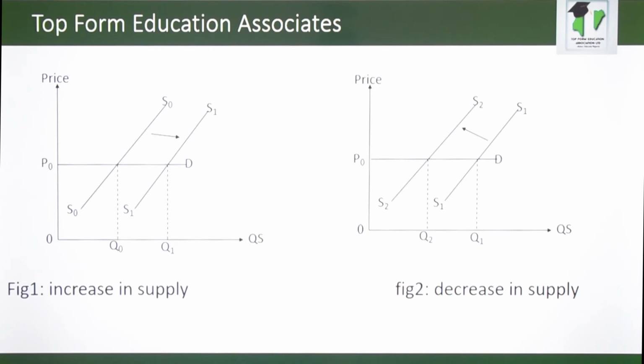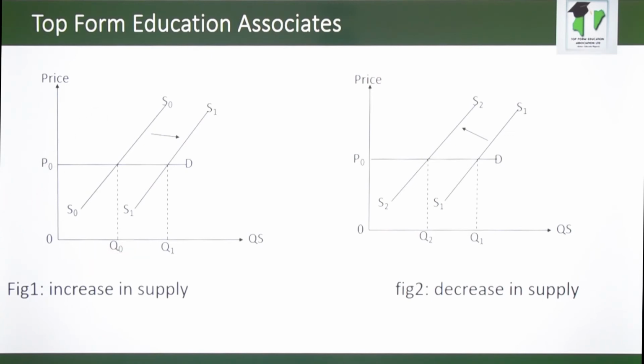It means at the same price, P0 here, the price is held constant. Initially at this point, P0, quantity supplied and demanded was Q0. This is the point of equilibrium. Now, at the same price P0, there was a shift of the supply curve from S0 to S1, and the quantity supplied increased from Q0 to Q1.